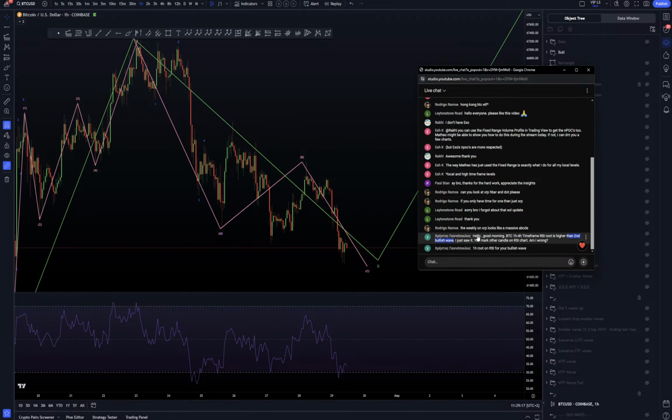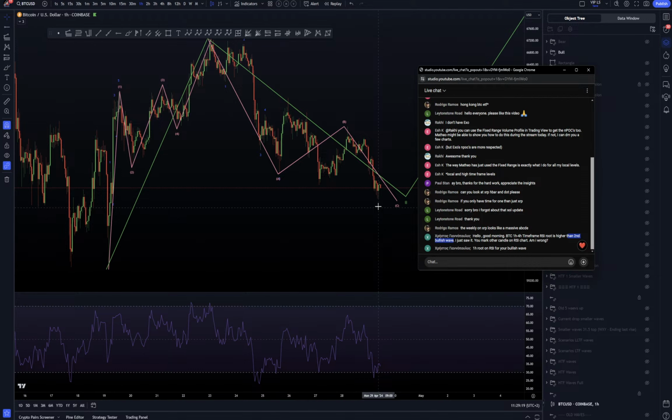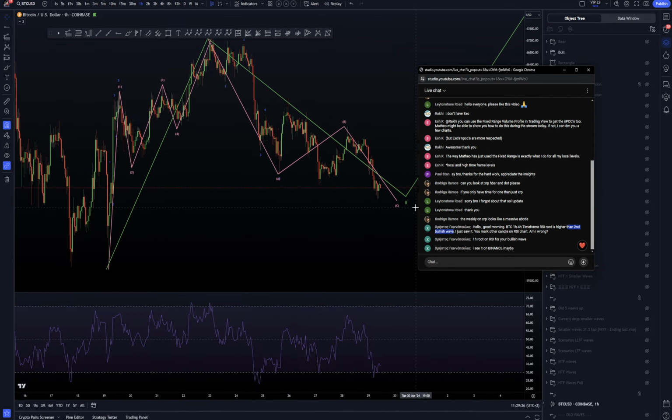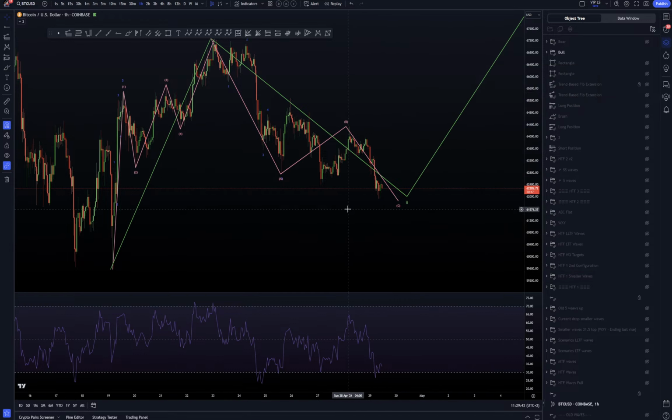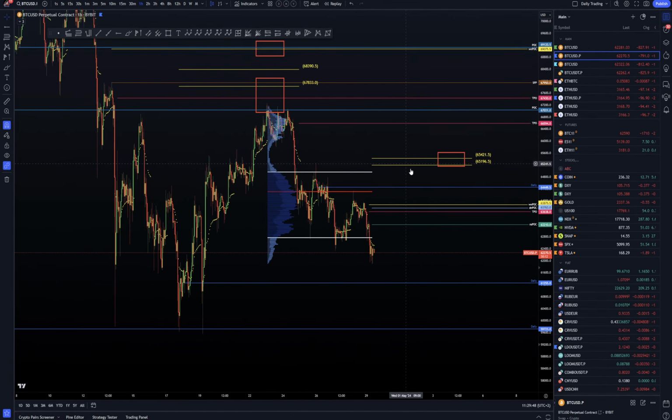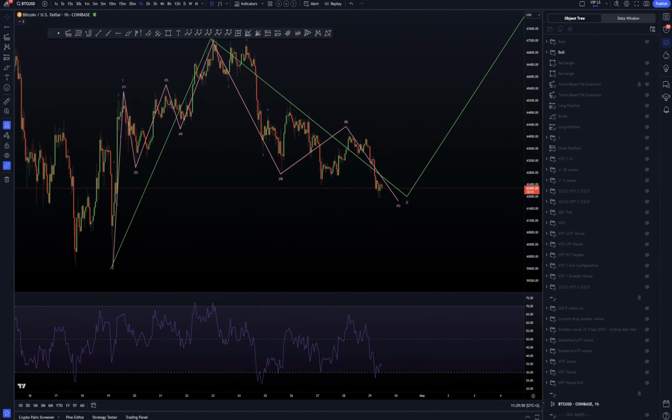I don't get what's the second bullish wave. If you can just name the wave, like C wave, wave 2 or something. And this also I don't get. If you can send me a screenshot on the Discord server, I think that will be a lot easier, because I don't get it right now.